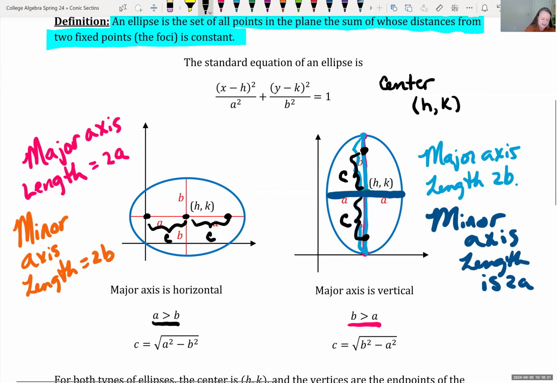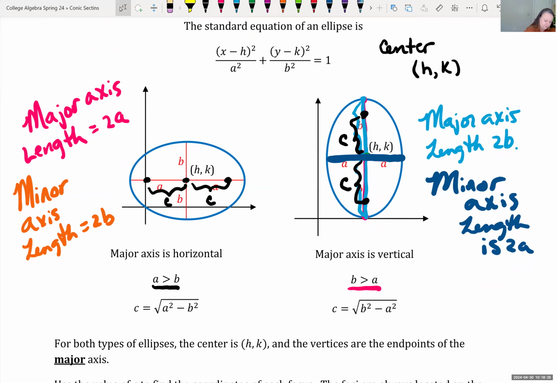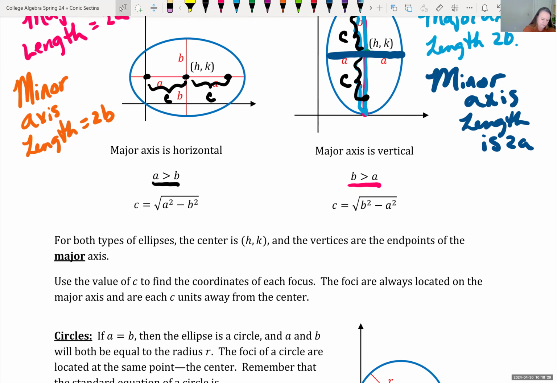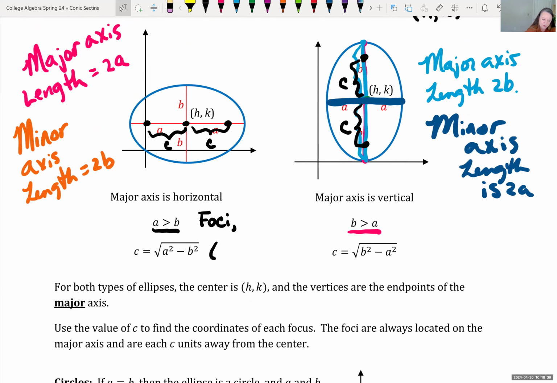So for instance, to get the foci here, remember my center is at (h, k), so it's going to be h plus or minus c, comma k.